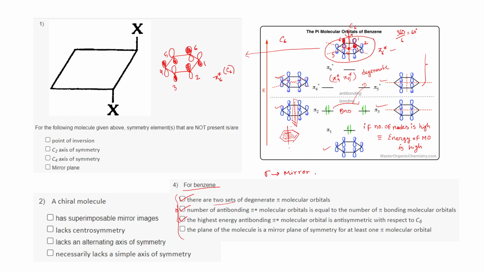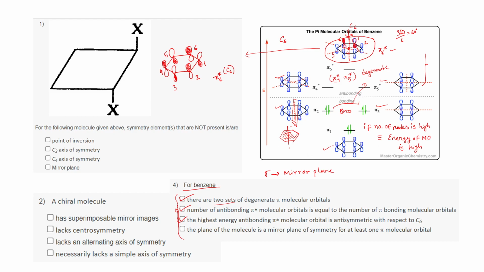So the mirror plane I showed you, actually this will not be correct, so for benzene, the plane of the molecule is a mirror plane of symmetry for at least one pi molecular orbital, not a pi star. So what do you think?